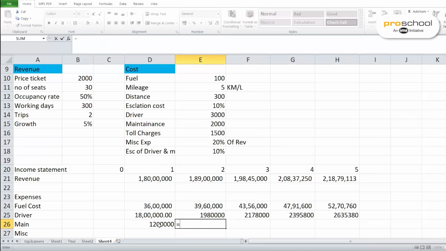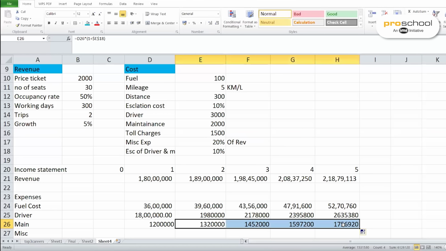So equal to first year multiplied by bracket start 1 plus the escalation part, and freeze it, multiply, enter and simply drag it. So what you have to understand is these two things. One, self-referencing and the other is when to freeze and when not to freeze. Apart from that, one basic formula of finance, which is compound interest, comes into picture everywhere.